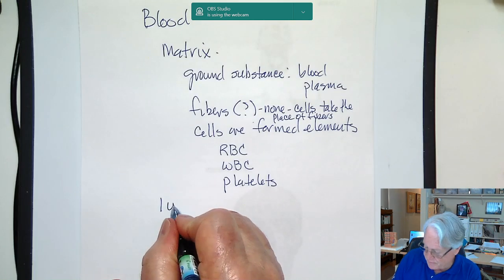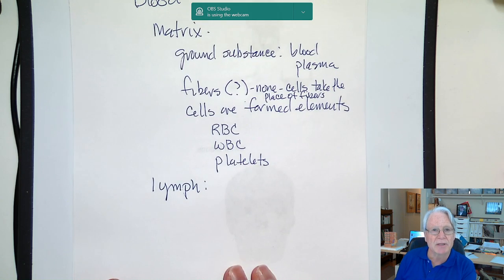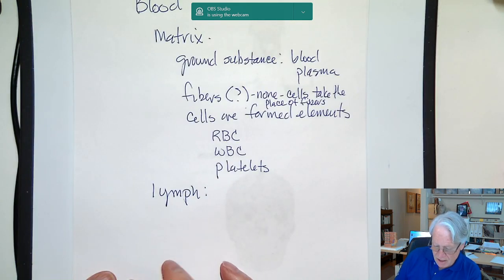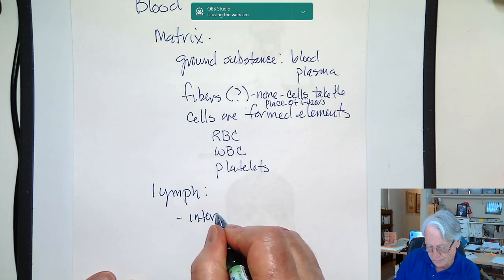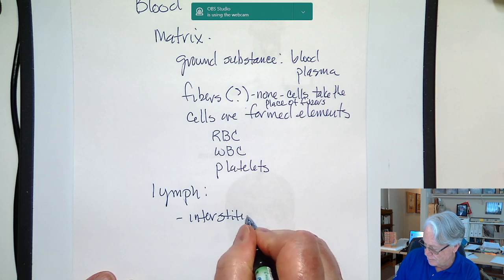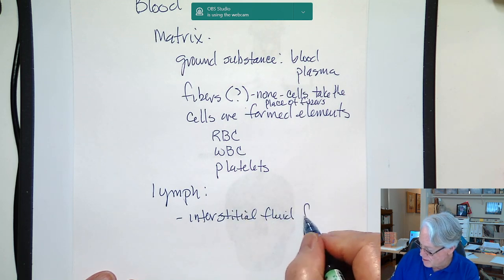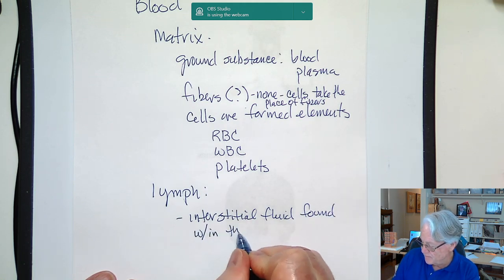Finally, there is lymph, which is also a fluid connective tissue. And this is basically interstitial fluid found within the lymphatic system.